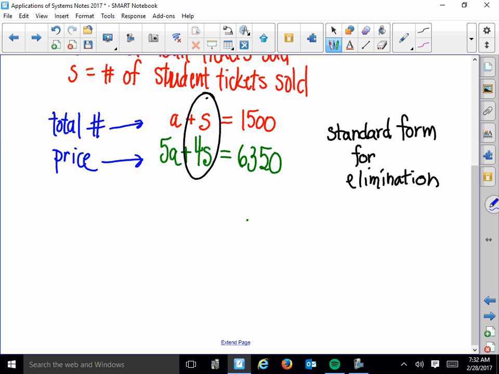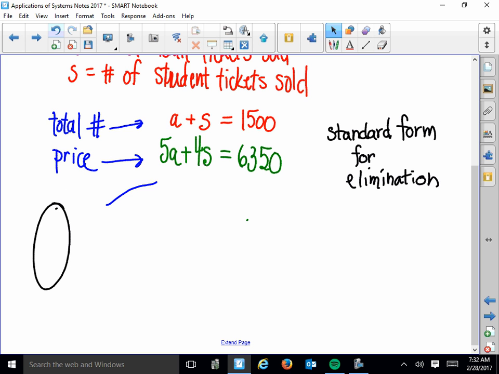I recognize that if I multiply the first equation by -4, then that would give me the needed coefficient for S. So I'm multiplying both sides of the first equation by -4.